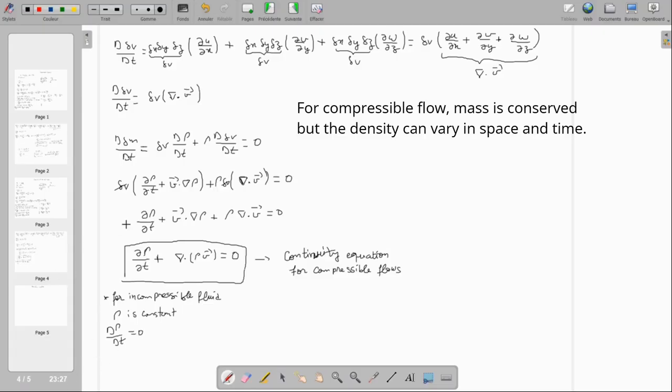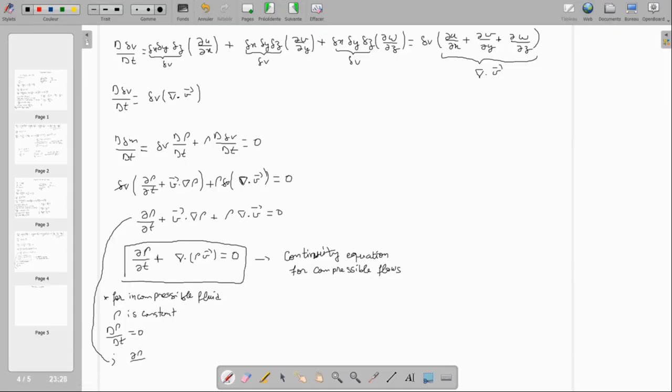So from this line we can write partial rho over partial t plus v dot nabla rho.